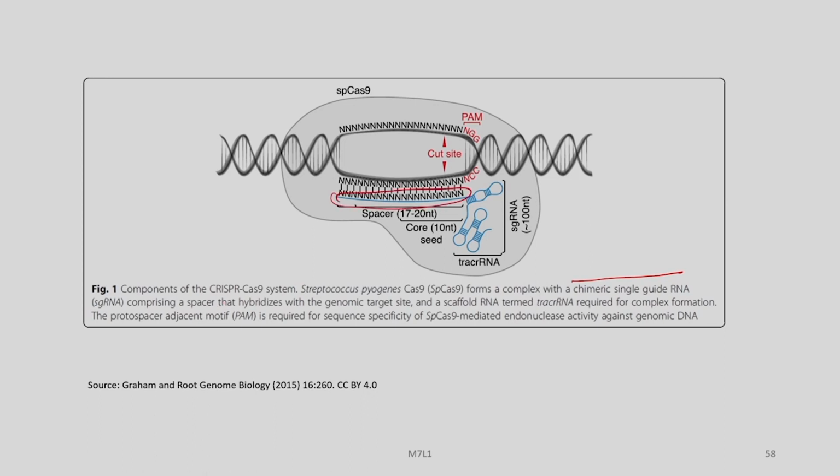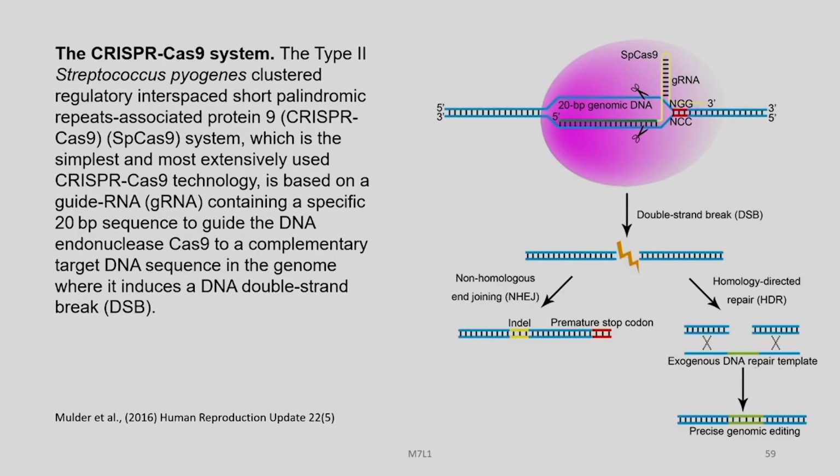This is the spacer, and a scaffold RNA termed tracrRNA required for complex formation. The protospacer adjacent motif is required for sequence specificity of the Streptococcus Cas9 mediated endonuclease activity against genomic DNA.